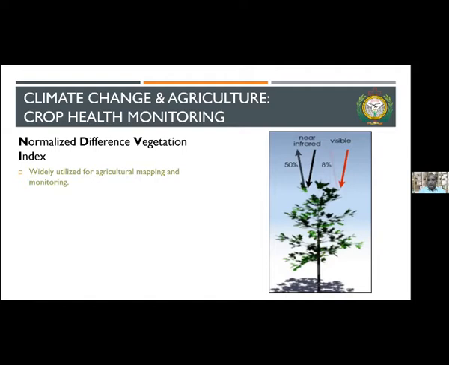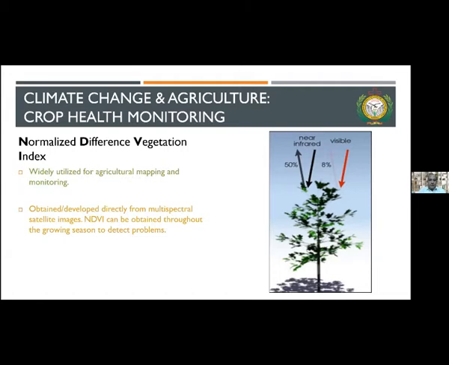As I mentioned before, we are using two bands, near infrared and visible bands, and these two bands give us an idea about the health of the plant, because these two bands, especially the near infrared band, are sensitive to the chlorophyll present in the leaves.